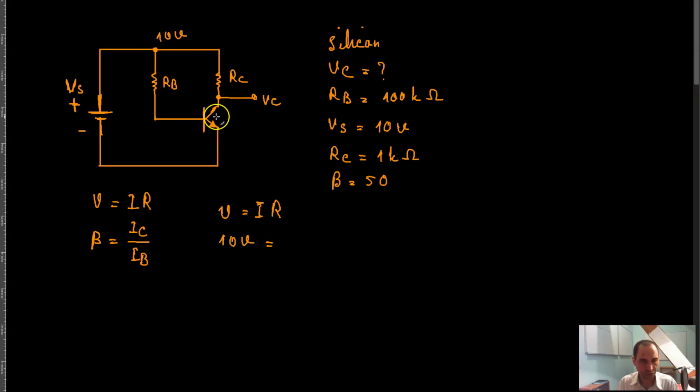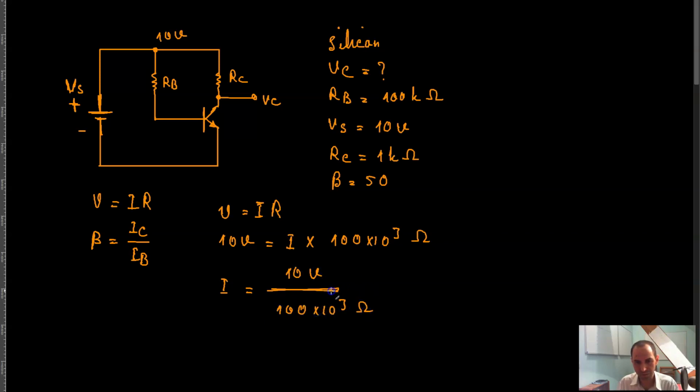And the current going through the resistor, that's what we want to calculate, times R, which is the resistance of this resistor, and that is 100 kilo ohms. So that's 100 times 10 raised to the power 3 ohms. And thereby I is equal to 10 volts divided by 100 times 10 raised to the power 3 ohms.